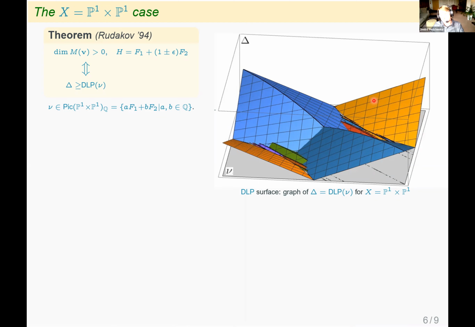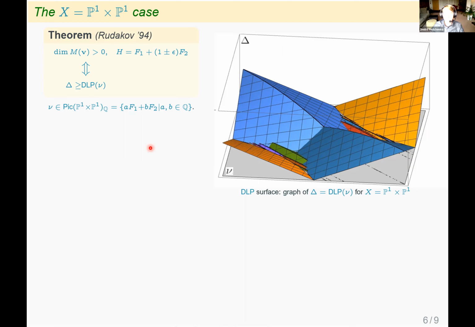Somewhere here underneath the orange branch, there is a line bundle defining this piece of the DLP curve. Somewhere here in the corner, there is an exceptional bundle defining for you the blue piece of this surface, and so on. And if you look at this surface long enough, you will notice that the situation is slightly more complicated than in the P2 case if you think about how a character could be positioned with respect to the DLP surface. This time we have 3 possible cases.